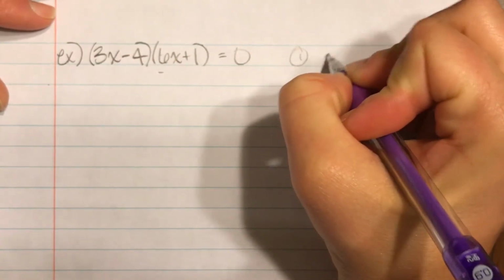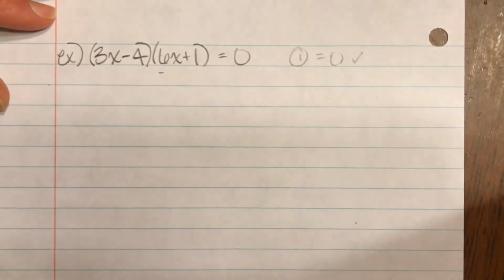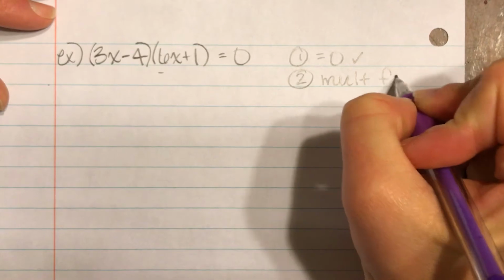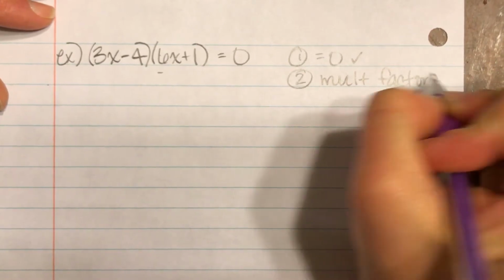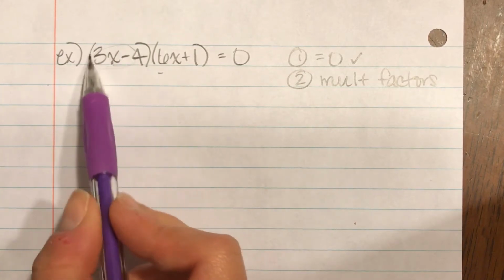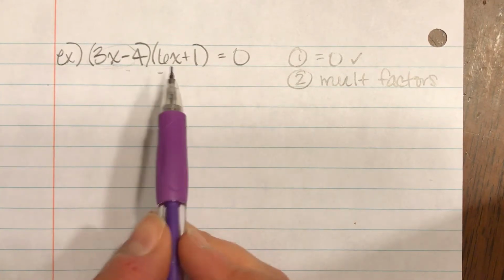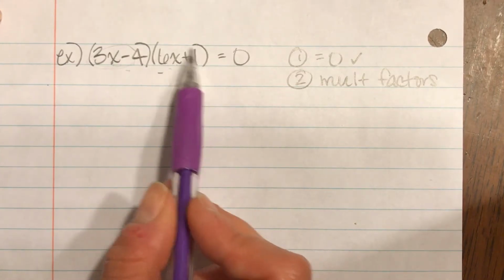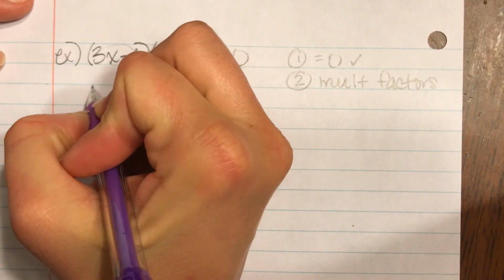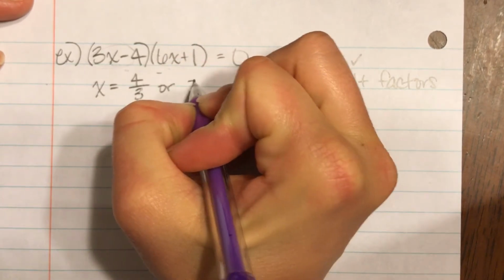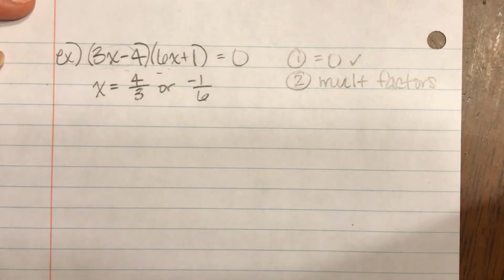Again, I kind of haven't done a good job of this, but it equals 0, so that's totally good. And it is definitely the multiplication of factors, okay? So I'm going to figure out, what does x have to be to make 3 times that number minus 4 cancel out? What does x have to be so that 6 times that number plus 1 cancels out? Pause it if you need to, but you end up with x equals positive 4/3 or negative 1/6.